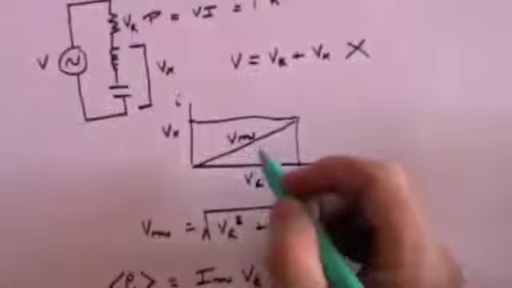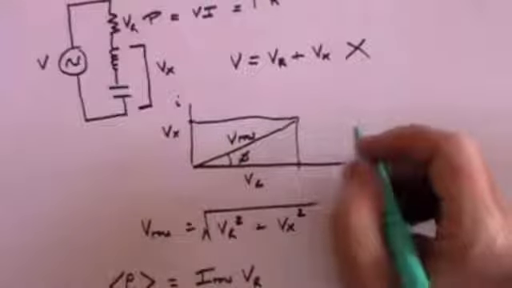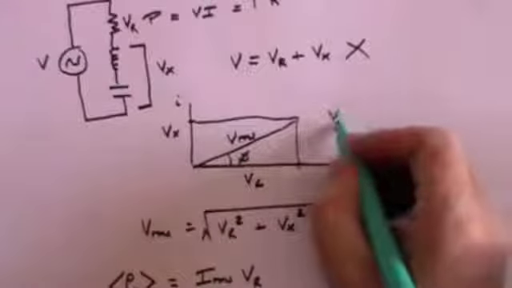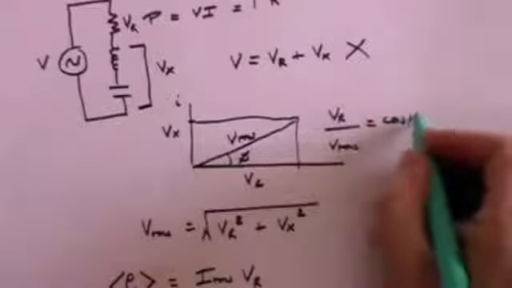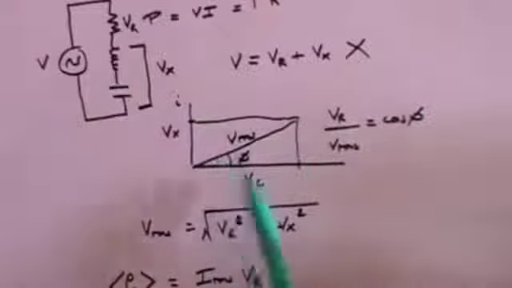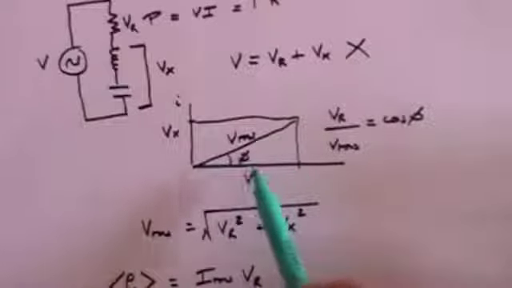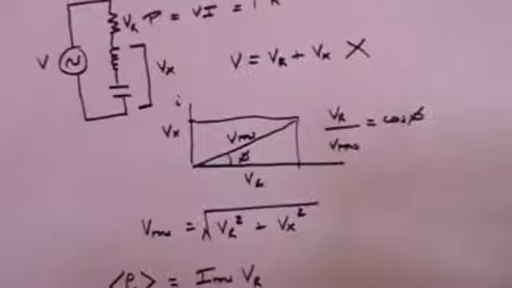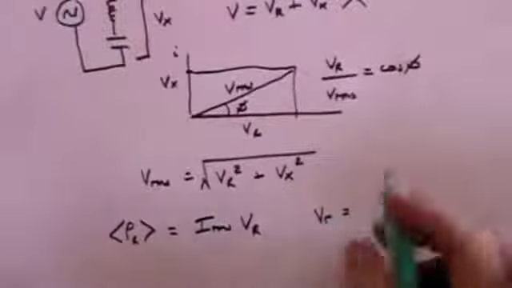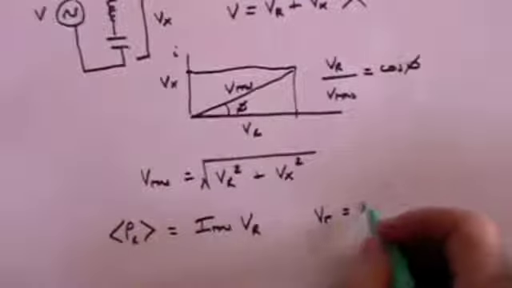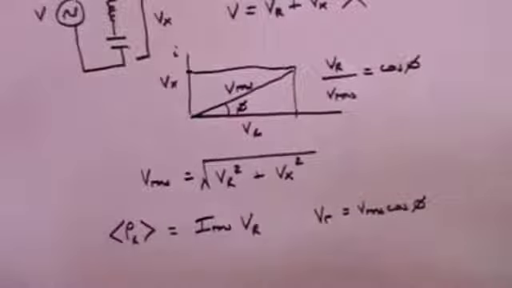But if you look at this diagram here, you'll see that VR over VRMS is equal to the cosine of the angle phi. And that means that VR is equal to VRMS times the cosine of the angle phi.